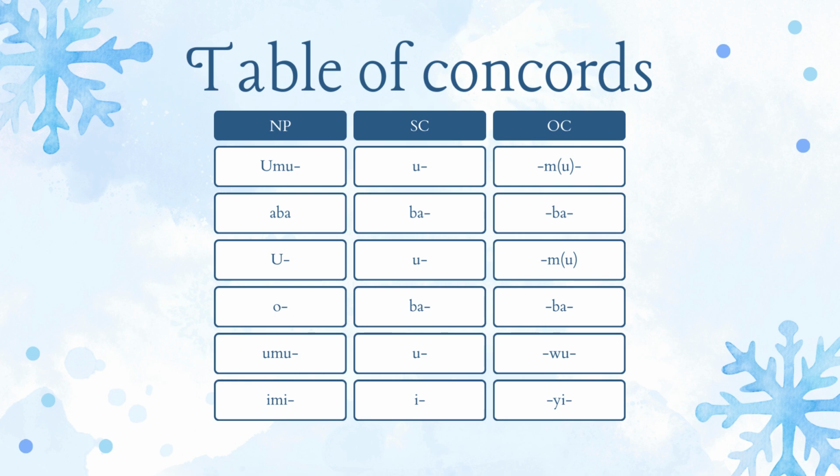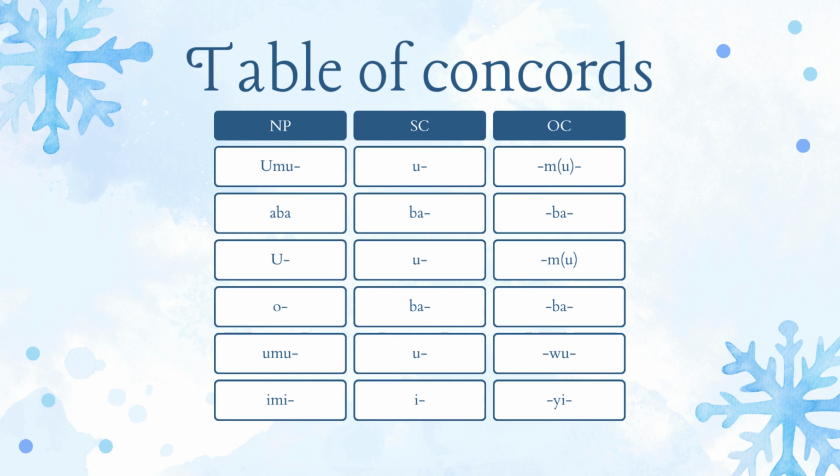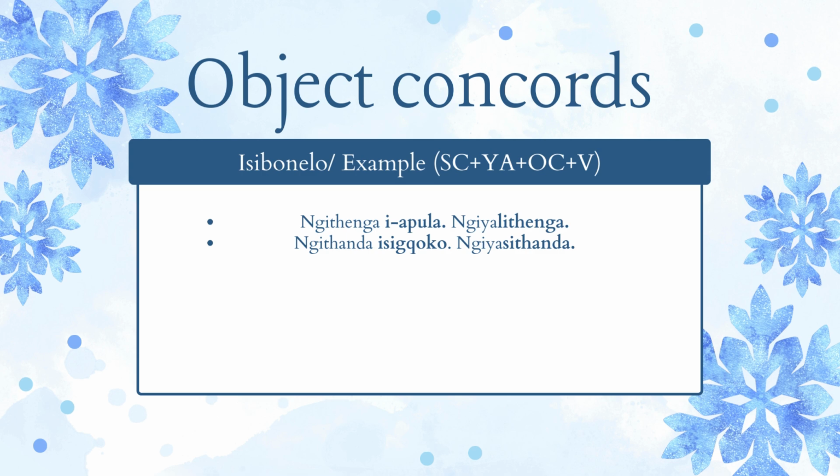Now we change the sentence: ubaba, then we put the subject concord, which is u, ya, then the object concord, mu, and then the verb, thanda. So ubaba uyamuthanda instead of ubaba uthanda umuntu.